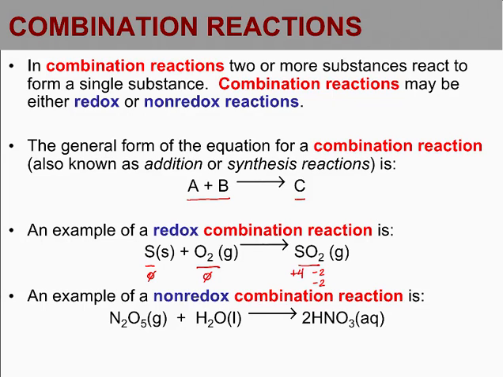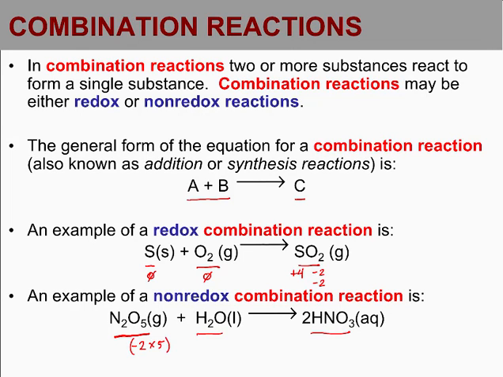And then an example of a non-redox combination reaction, we have N2O5 reacting with water to produce something called nitric acid, HNO3. And let's go through and assign oxidation numbers. So for oxygen, remember that's always -2, and there's 5 oxygens, so we'll multiply that by 5.